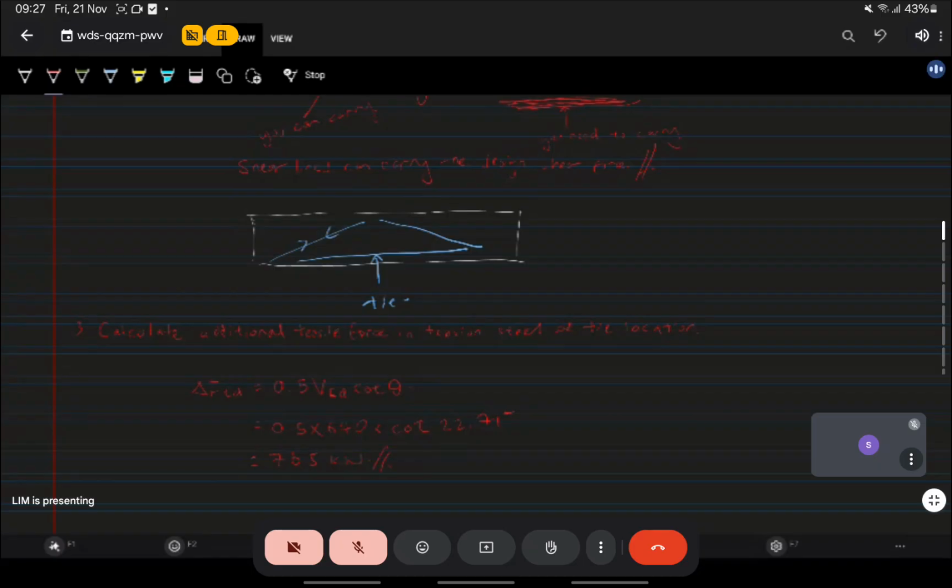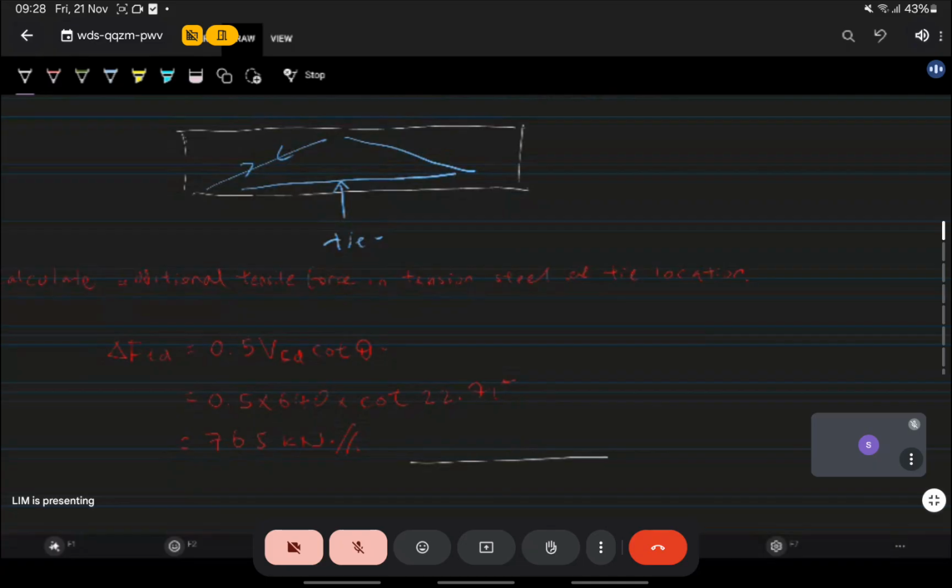Next week, we're going to do span depth ratio, and then we are going to go into column design. Remind me quickly, what week are we in now? Week 7. So next week is week 8.